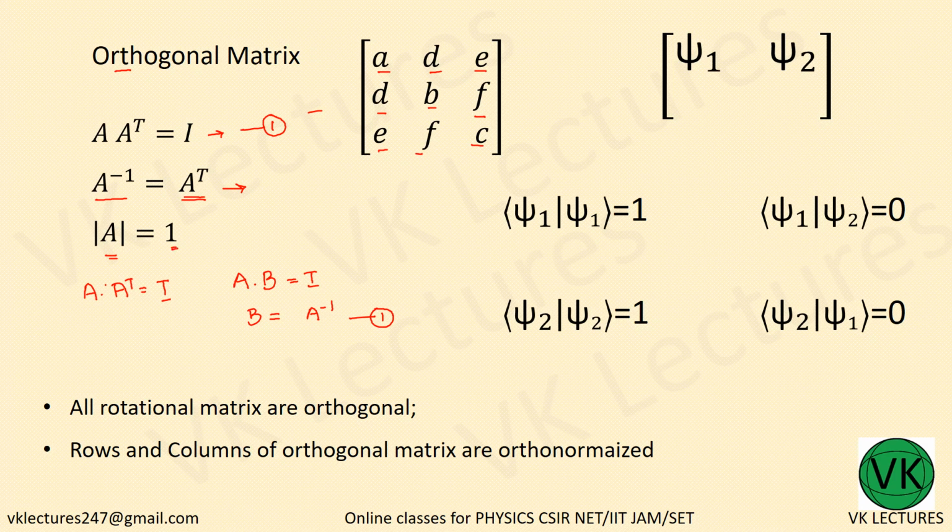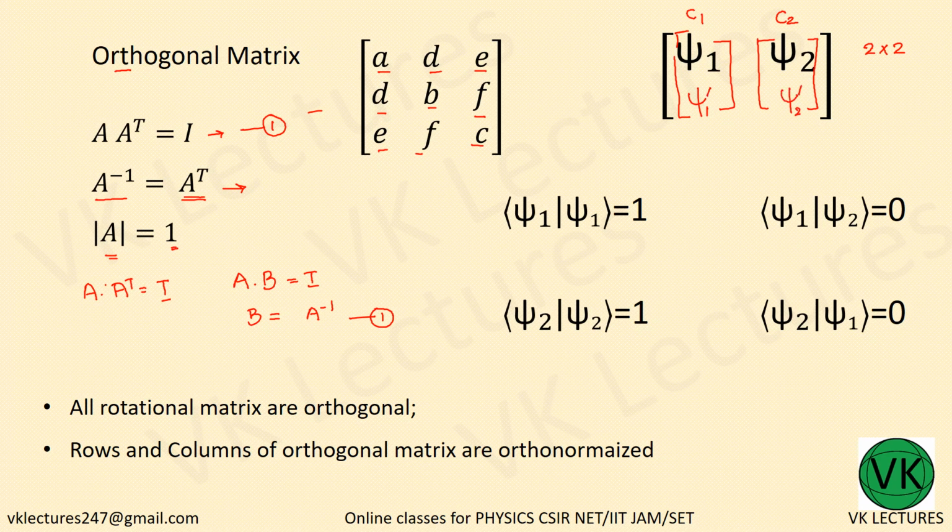Now considering this as an orthogonal matrix, this is psi 1 and psi 2, this is the entire matrix, and this is psi 2, the entire column. This is column 1 and this is column 2. So this would be a 2 by 2 matrix. Here you will have another element, let me call it psi 1 dash, or this is psi 2 dash.